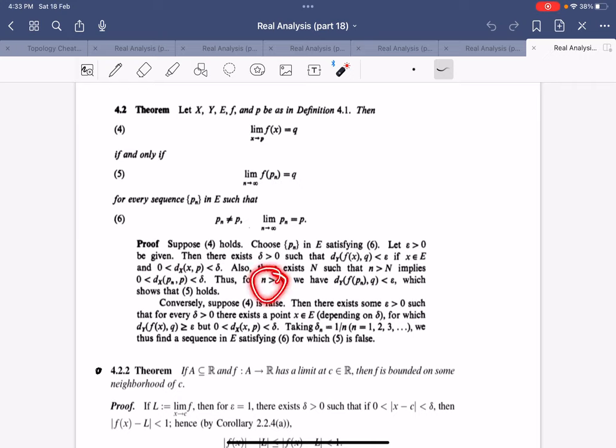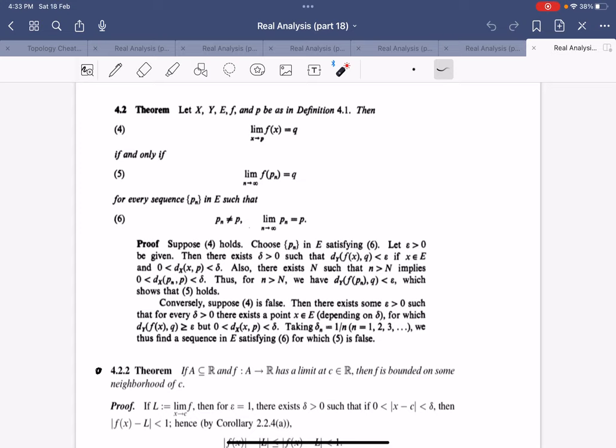We just need to find this cutoff, so this will occur. And when this occurs, we know that this will occur, and hence property 5 holds.